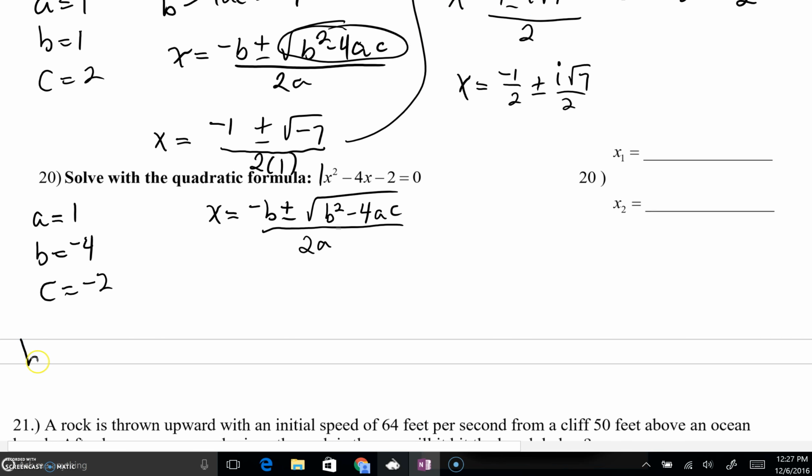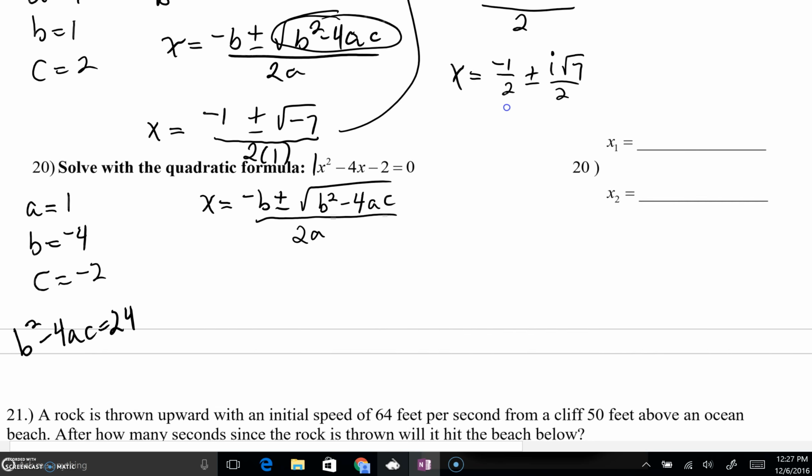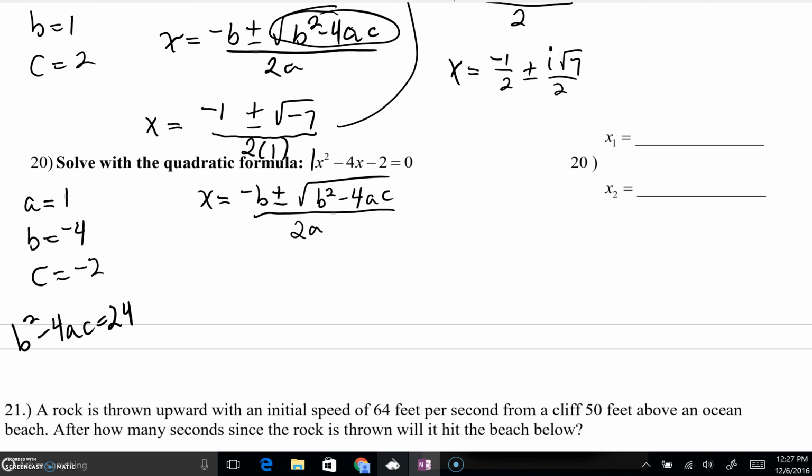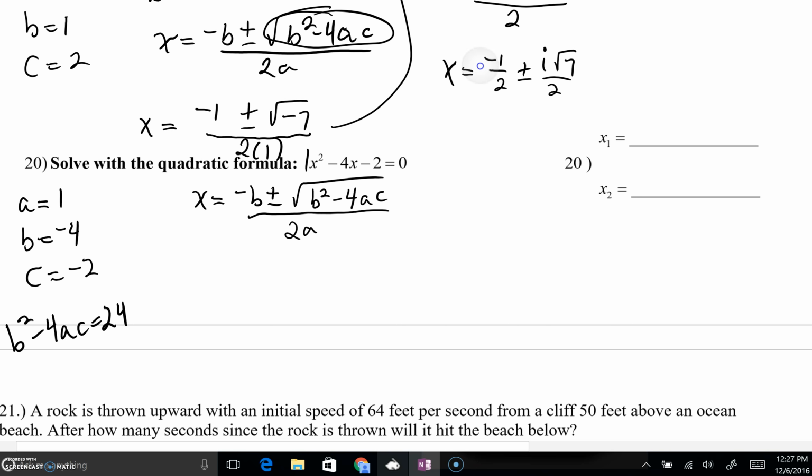So that tells you so much. It's very, very helpful. It's telling you that that inside of your square root is now known. We're going to be able to break that thing down in just a moment. This inside here is just going to get you 24.